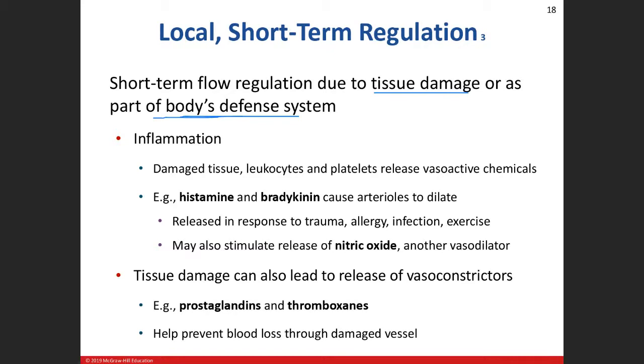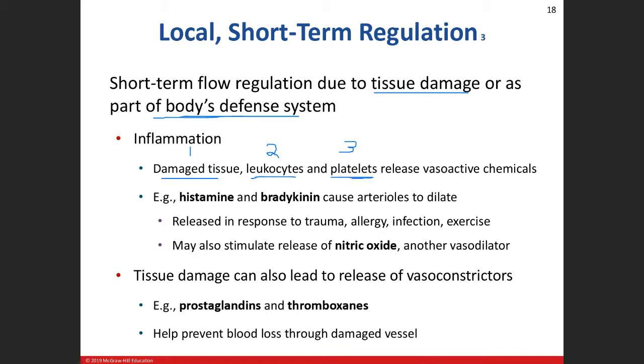But keep in mind, when we're dealing with inflammation, we're dealing with 1, damaged tissue, 2, leukocytes, that should have been 1 for damaged tissue, and then 3, platelets. Because the leukocytes are going to help repair the damaged tissue. Also, if there's any sign of infection or pathogenic agents there, they'll help to deal with that.